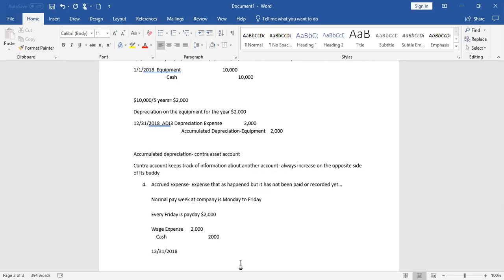3 days happen in 2018, $1,200. So again, let me put this in our notes here. Monday, Tuesday, and Wednesday are in 2018's accounting year. Wages related to those days must be reported as an expense in 2018.